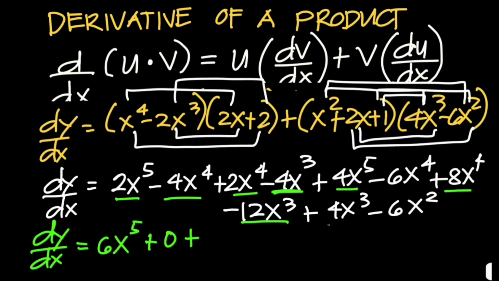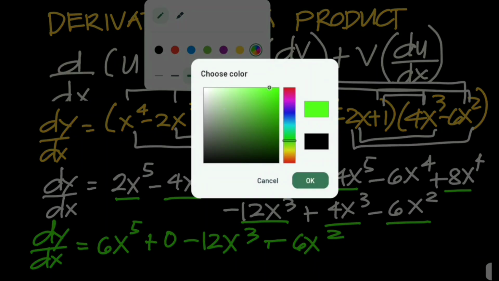Then negative 16x cubed plus 4 is negative 12. So this is minus 12x cubed. Then minus 6x squared. So our answer here should be done.